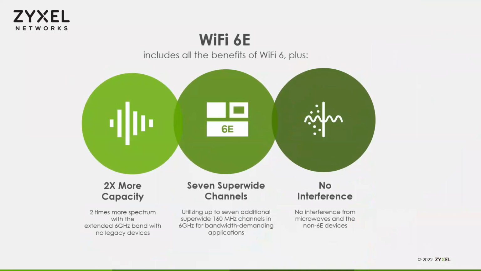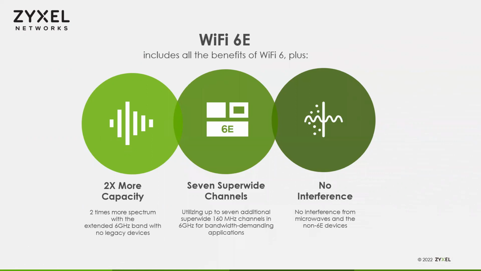So with Wi-Fi 6E, it's basically Wi-Fi 6. The main difference is that we're taking the Wi-Fi 6 technology and expanding it into this new 6 gigahertz space that the FCC recently opened up for us. The benefit of 6 gigahertz versus 2.4 or 5 gigahertz is that there's a lot more bandwidth available.